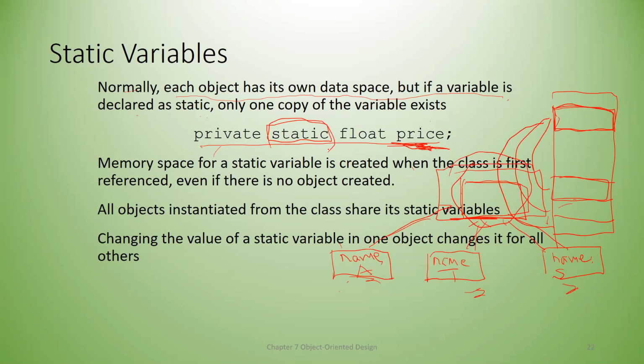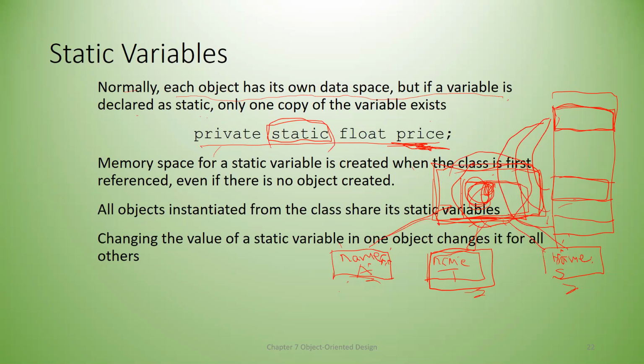We will look at an example, and hopefully that explains it. But for now, just know they share this one. If it's static, they all can access it, and they all can change it. If, for example, this object changes the value of this variable, that value will apply to this object and to this object also. Does that make sense? Yeah, that makes more sense. Okay.